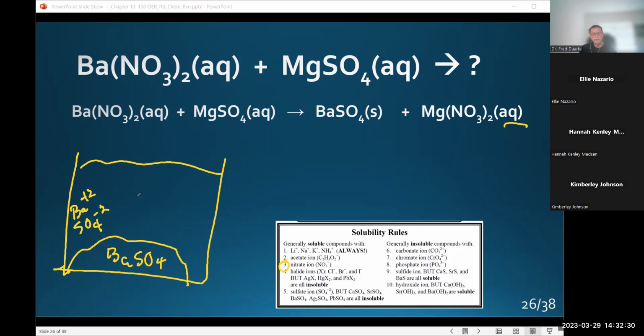And then for the bulk of the other material, the magnesium nitrate, I can put maybe 5 magnesiums and 10 nitrates in solution. We'll see a few barium in solution, but the bulk will be magnesium nitrate ions. That's a 1, not 2.